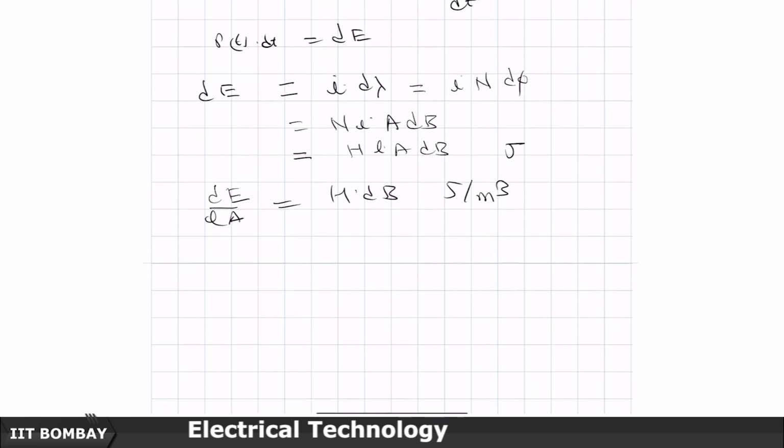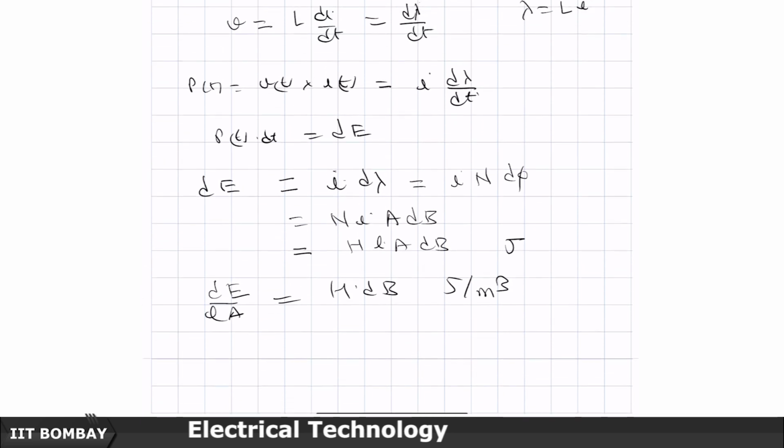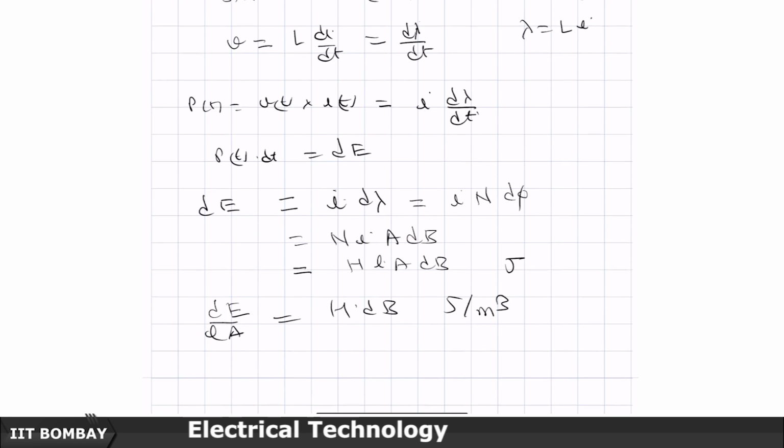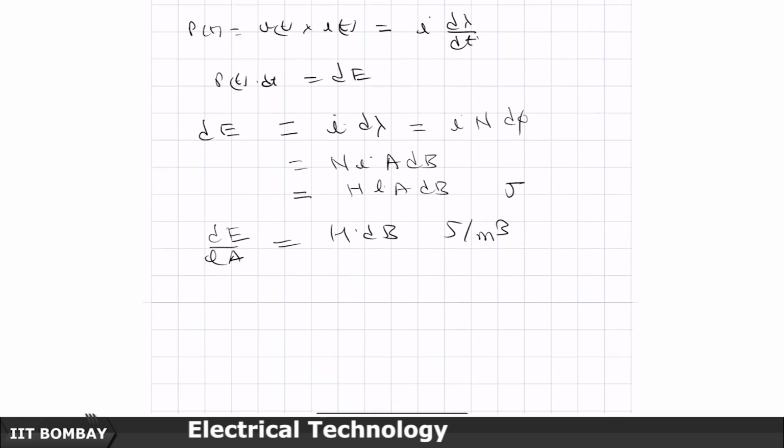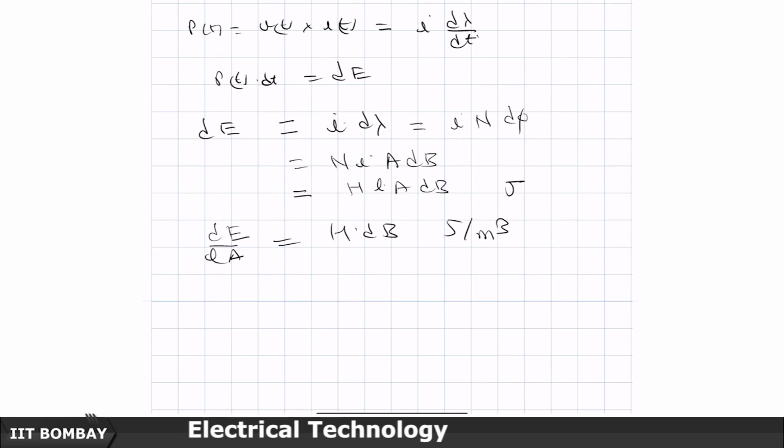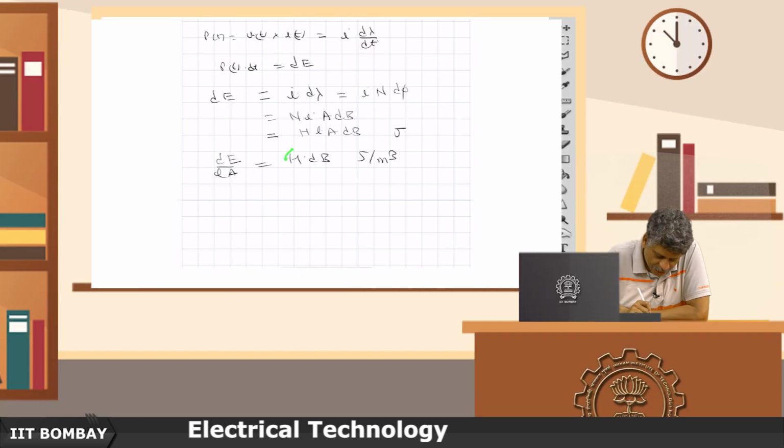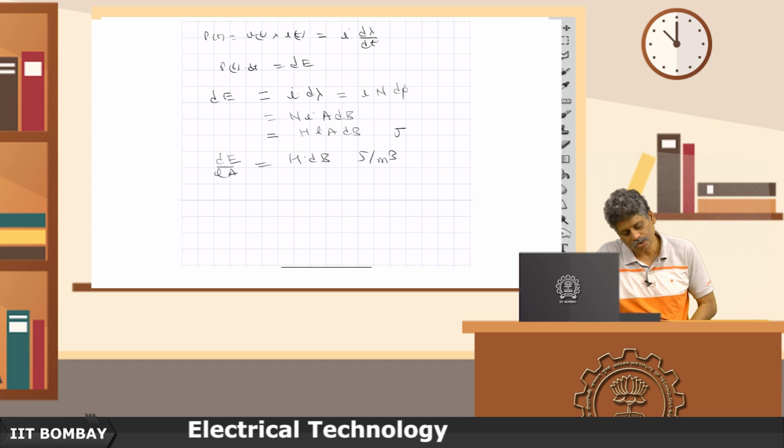So therefore one thing which I have brought out from here is that if you change the flux density by dB, and the magnetic field intensity or ampere turns per meter is H, then per unit volume, the amount of energy which will be pushed into our storage element will be H times dB.